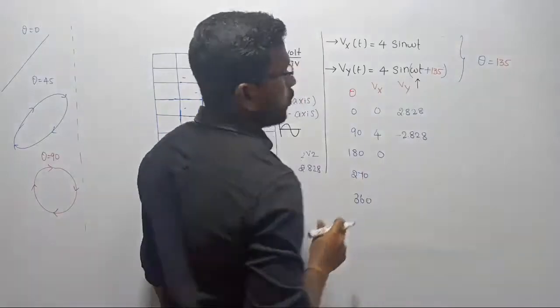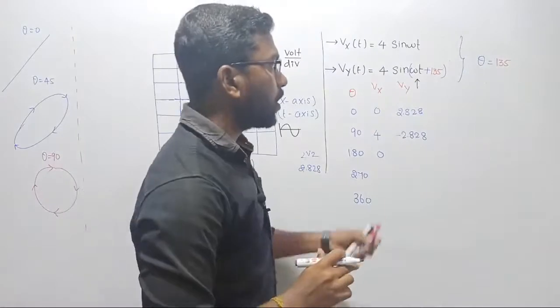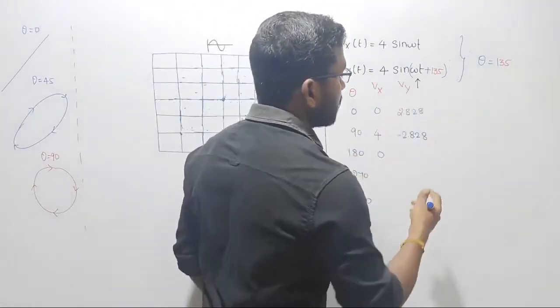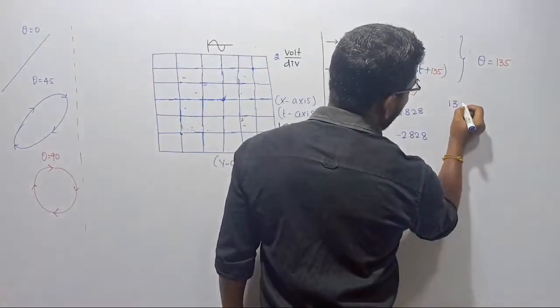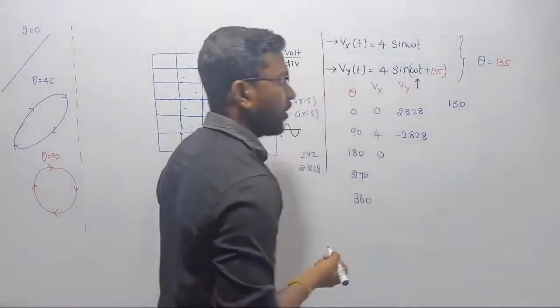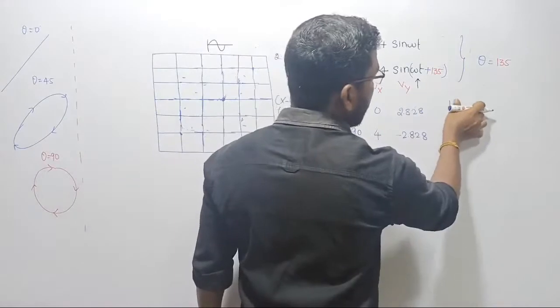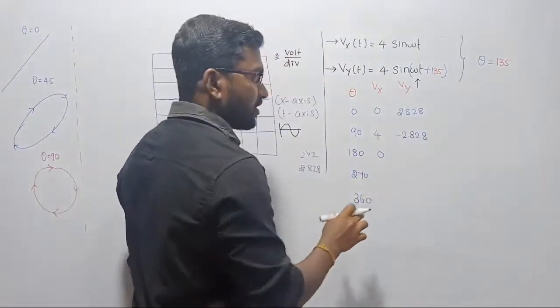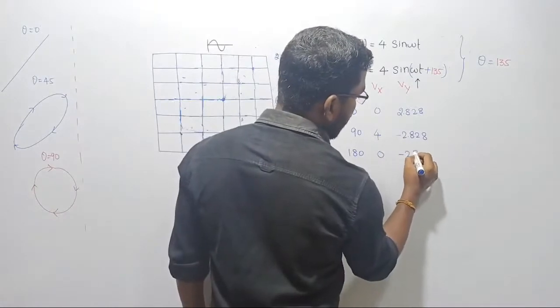Here, 180 plus 135 is 315. Again you are going to get minus 2.828.